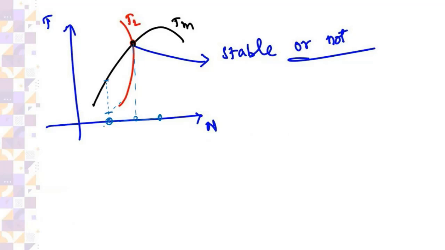So at this speed, motor torque is greater than load torque. If motor torque is greater than load torque, definitely the speed will accelerate. That means even though you create a disturbance, the speed will accelerate and attain the same speed again. So this is a stable point. Right, that is what you need to understand.